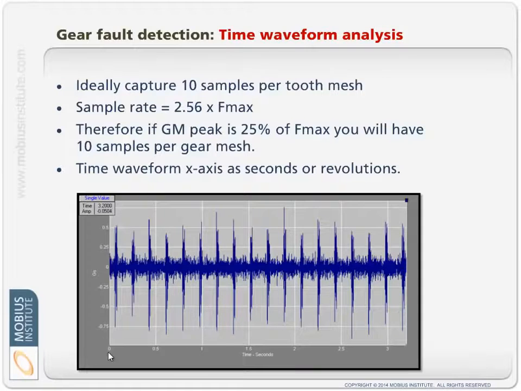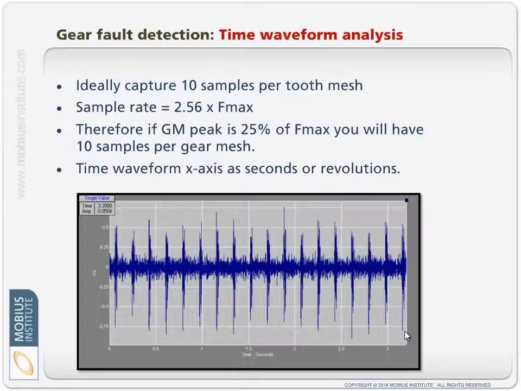Well, if the peak was right here at the very end of my spectrum, that means that as the teeth mesh together, I'm getting 2.56 samples per tooth mesh. You can sort of do all the maths if you like, but that has to be the way it works out.